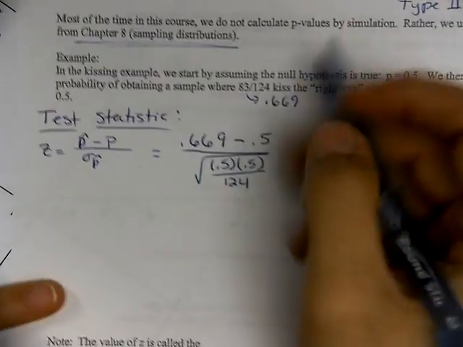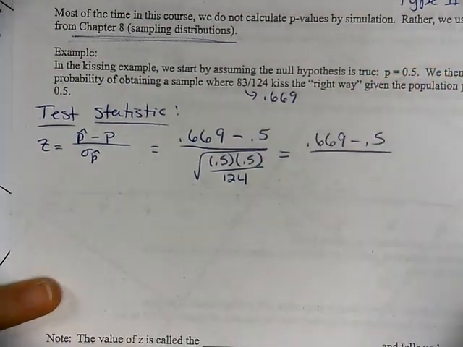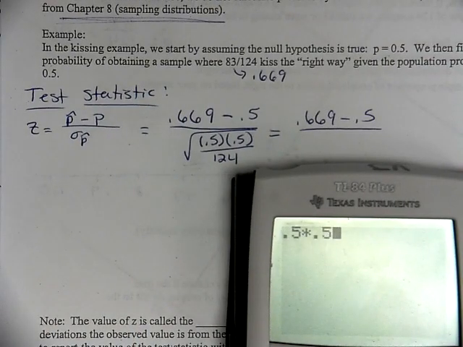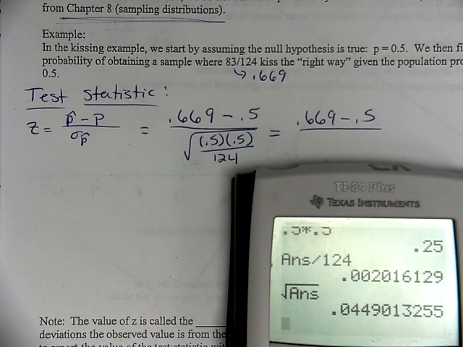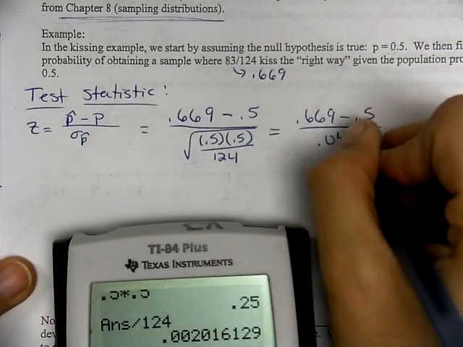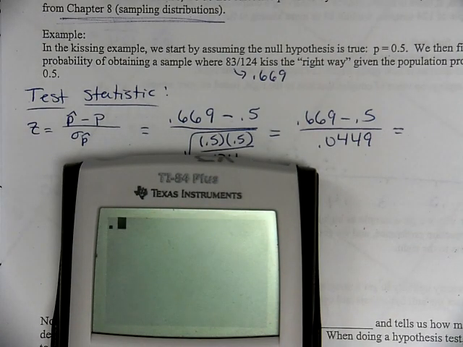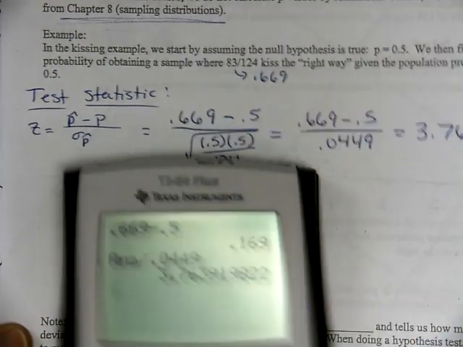Okay, so let's find this z-score. 0.669 minus 0.5 divided by the square root of 0.5 times 0.5 over 124. 0.0449 would be the standard deviation. 0.669 minus 0.5. So we get a z-score of 3.76.